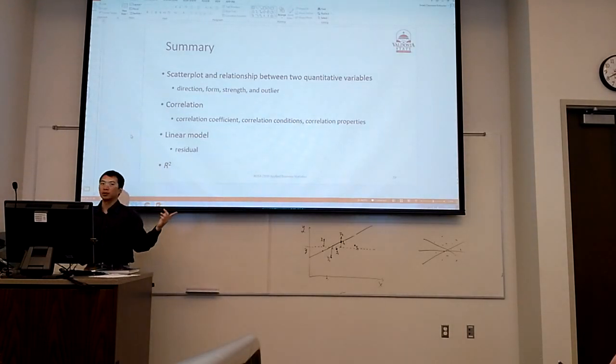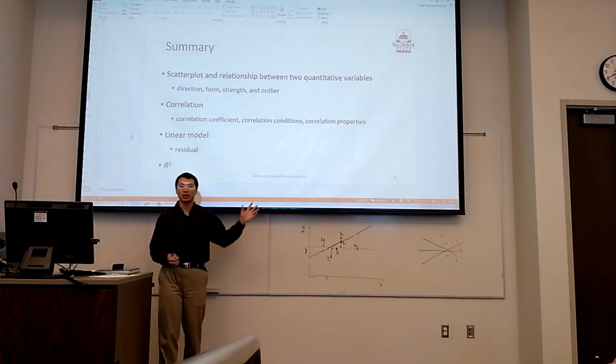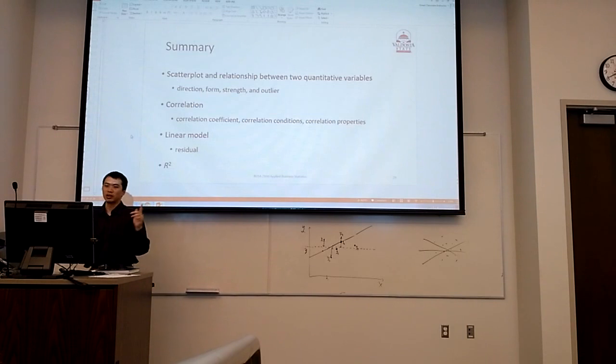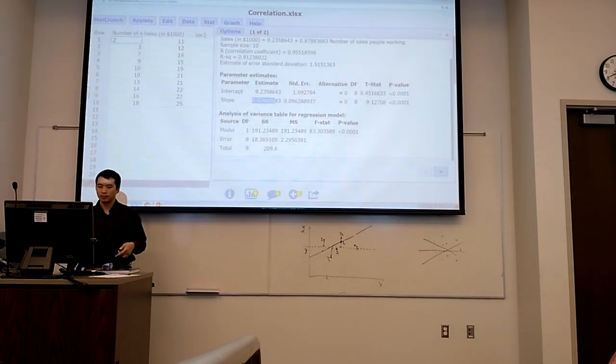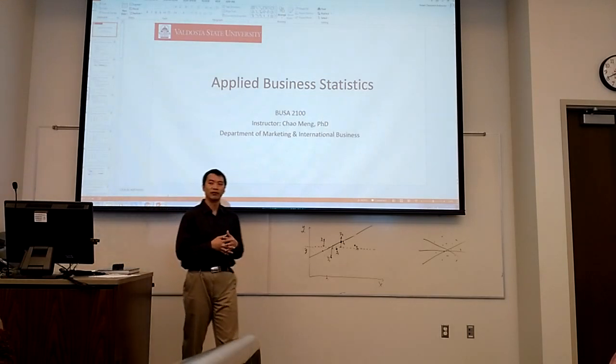And R square: what's the definition of R square? Those are the concepts we need to know about chapter 4. Any questions before we do chapter 5?